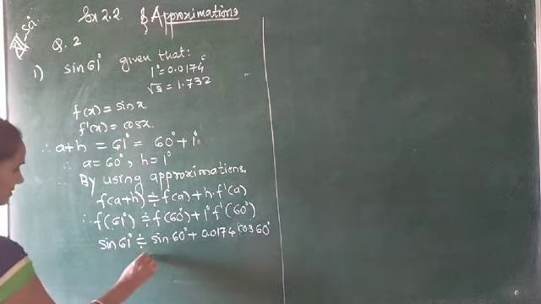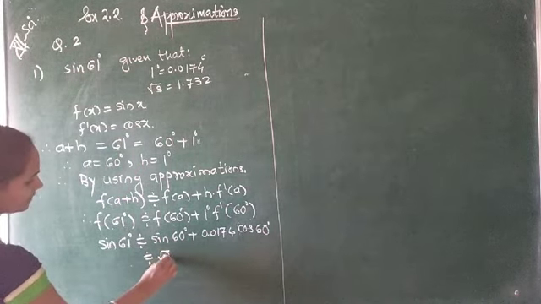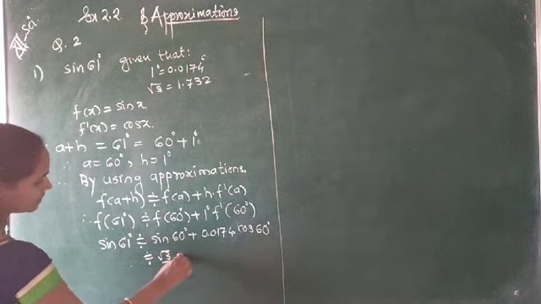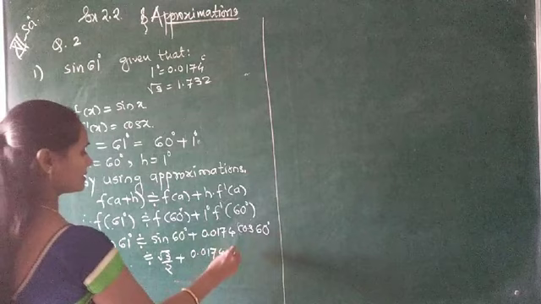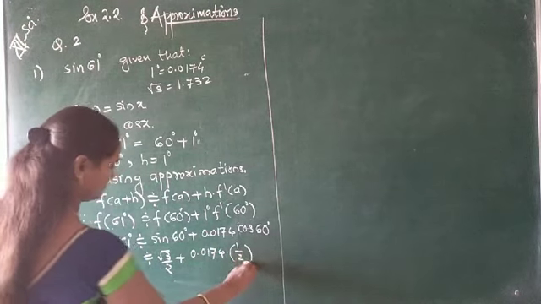Now we know the values, that is sin 60 degree is root 3 by 2, plus 0.0174 as it is into cos 60 degree, which is 1/2.